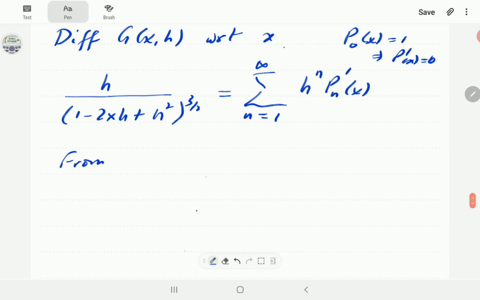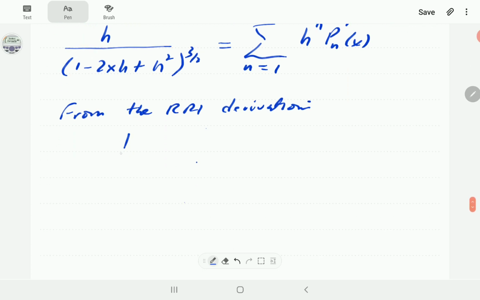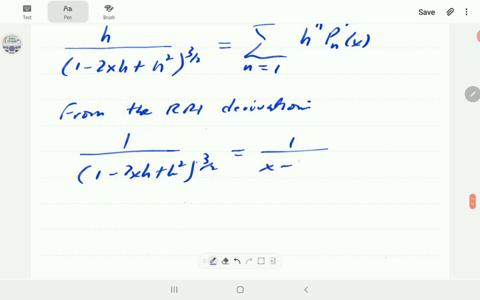Then from the R1 derivation, the term 1 over 1 minus 2xh plus h squared to the power 3 halves, we can write like this.